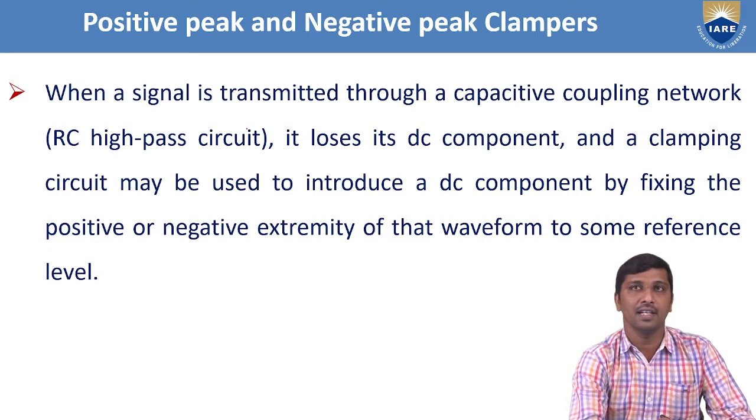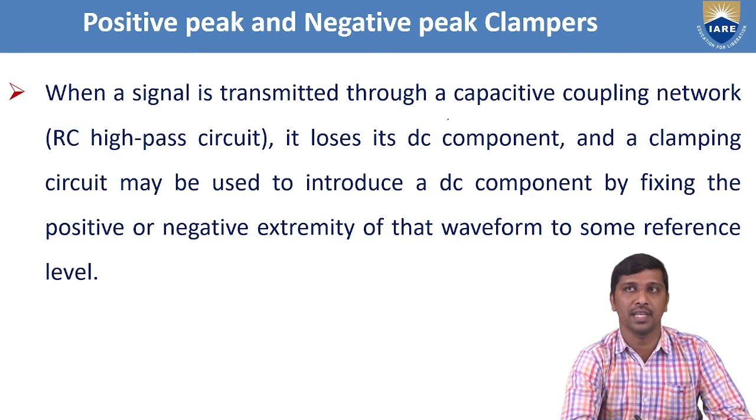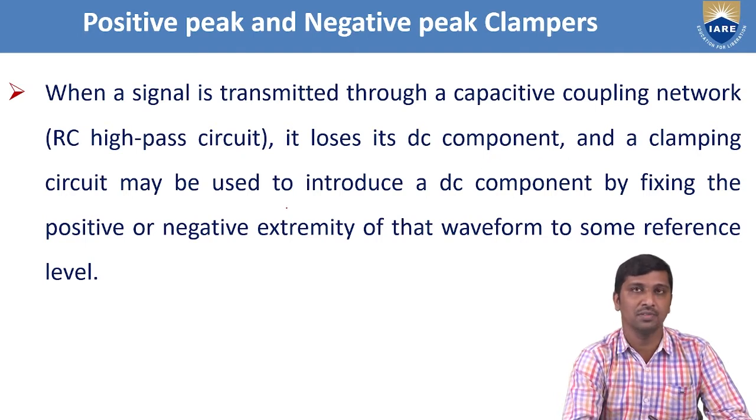So here I define the statement of the clamper. When a signal is transmitted through a capacitive coupling network, it loses its DC component, and a clamping circuit may be used to introduce a DC component by fixing the positive or negative extremity of that waveform to some reference level.